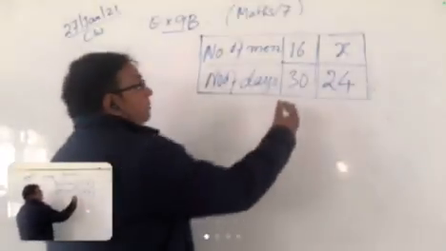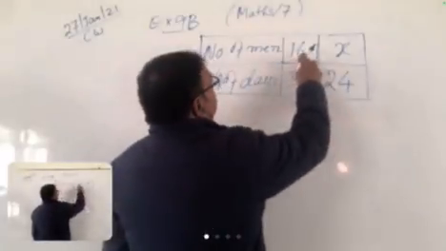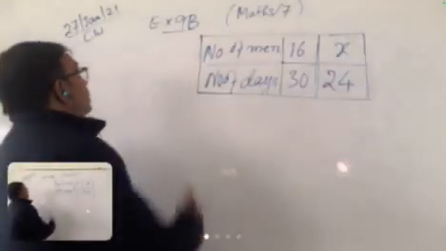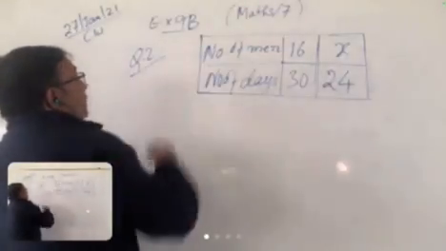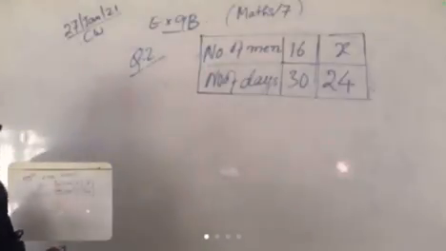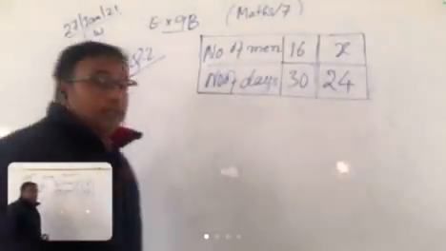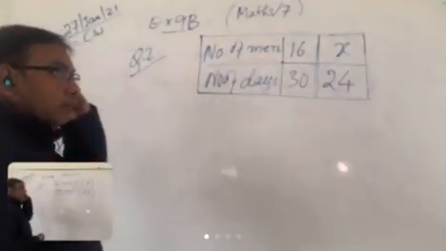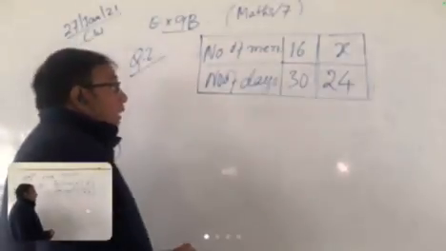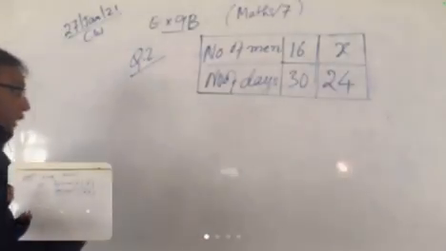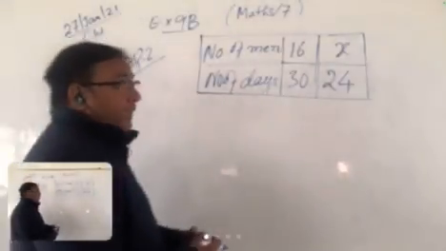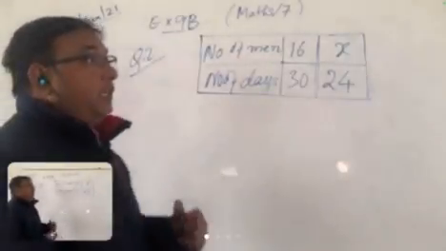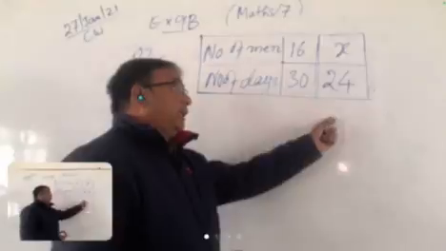Now you see, this is decrease, so it means that the number of men must be increased. The number of men is 16 and the number of days required to reap the field is 30. Now the number of days is reduced to 24. So find the number of men required to do the same piece of work in 24 days.